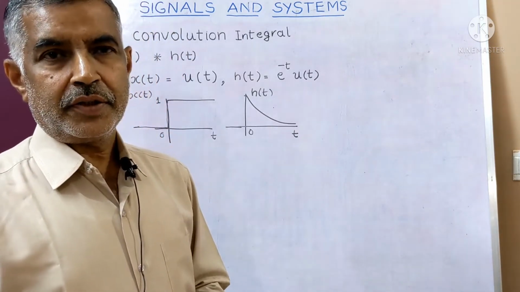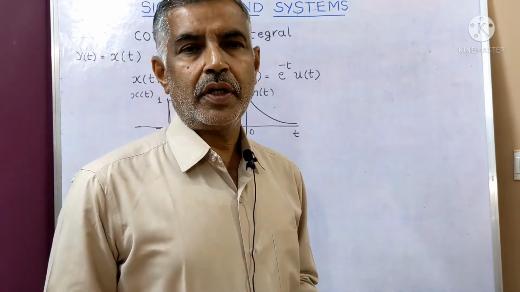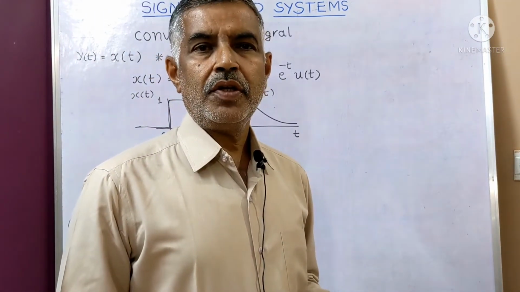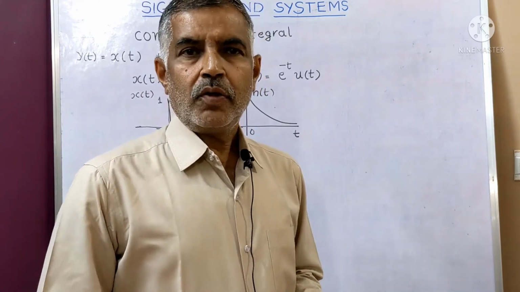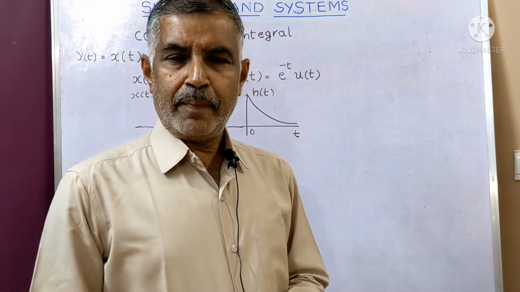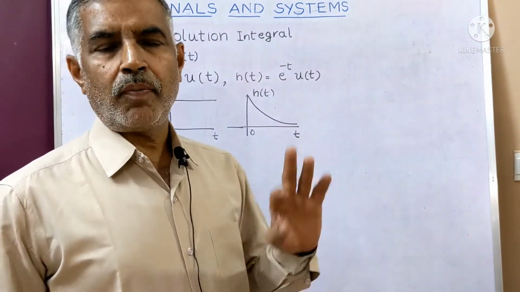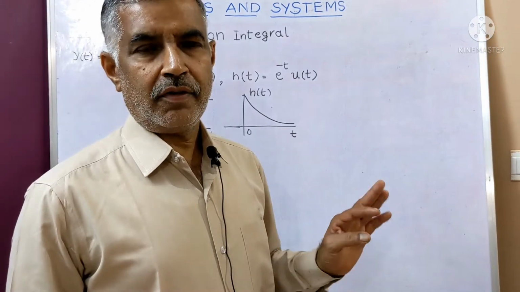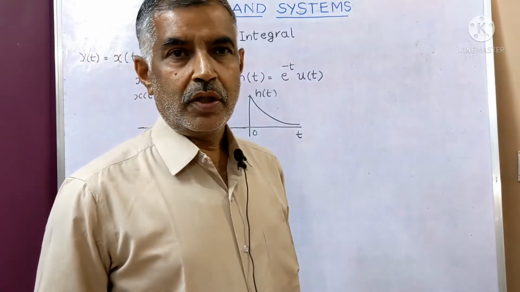Yesterday, I started solving problems on the graphical convolution integral between continuous time aperiodic signals. Today, for a better understanding, I have taken the same problem, but I have reversed the order, that's all.